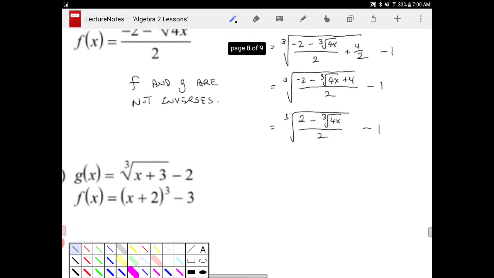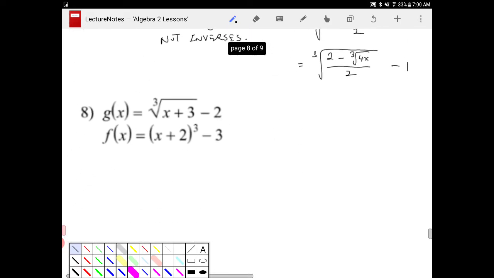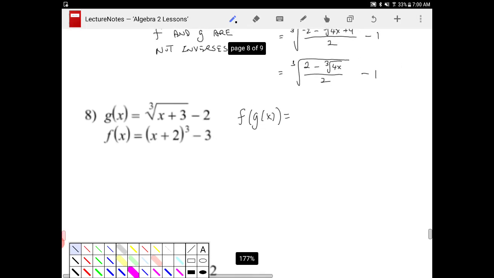And moving on. Here we have, again, very similar. I am going to do f of g of x. And it really doesn't matter which one we do, we could do it in either order, f of g or g of f.